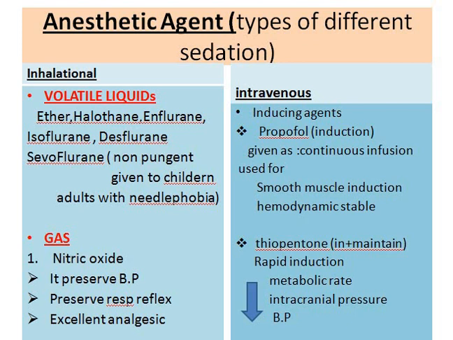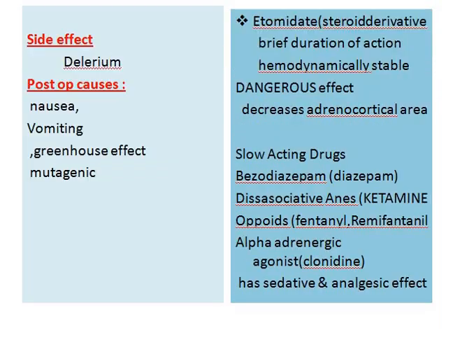Our next drug is thiopentone. It is also used in induction as well as maintenance. This helps to reduce the metabolic rate as well as intracranial pressure. Hence, it is used in brain surgery and also in hypertensive patients because it helps in decreasing the blood pressure. Our next drug is etomidate, which is a steroid derivative.